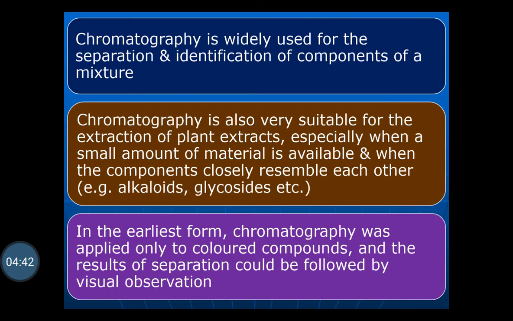Chromatography is widely used for the separation and identification of the components of a mixture, for the purification of the crude extract, and for the isolation of the chemical moieties present in the crude extract. Chromatography is also suitable for plant extracts, especially when only a small amount of material is available.